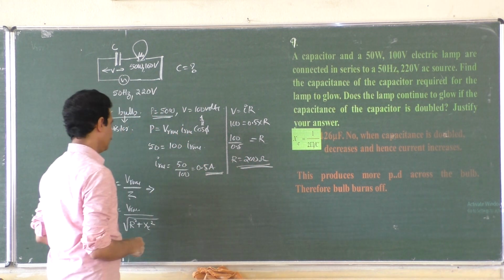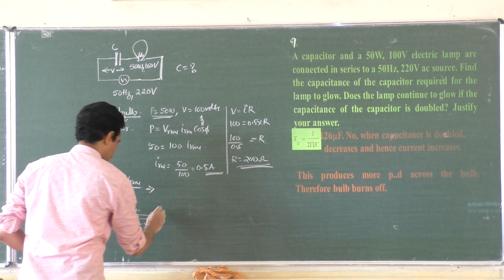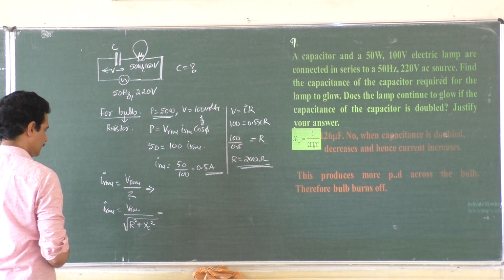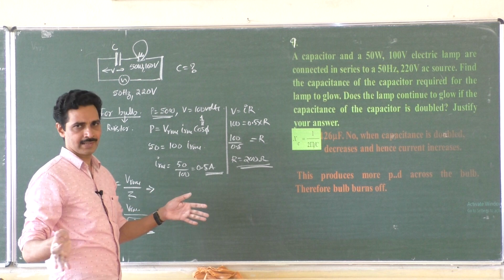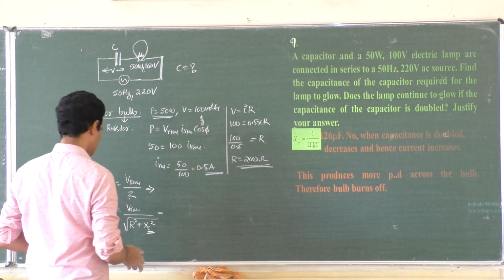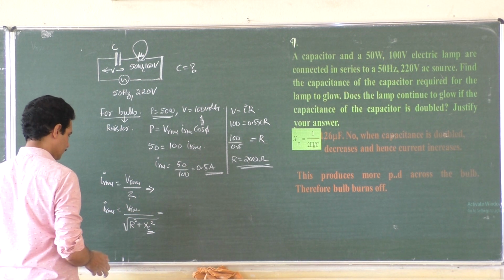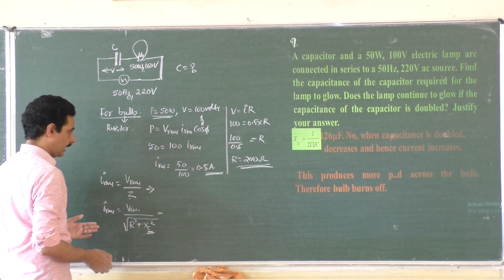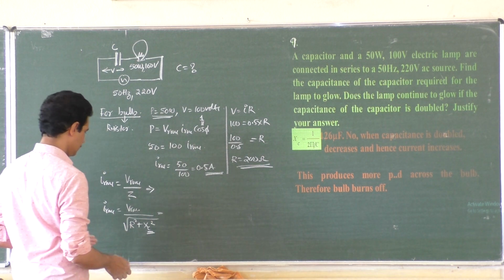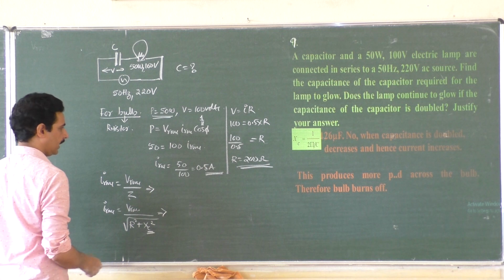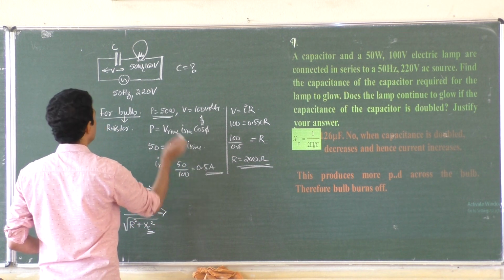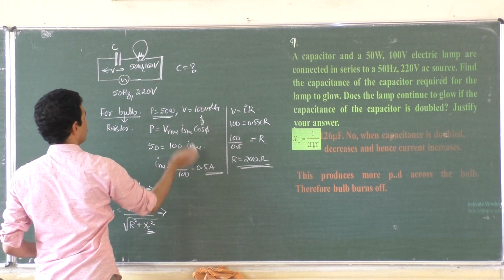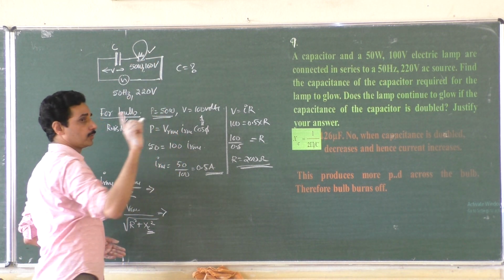This is R. Now we will find XC first, then from XC we will get C. Hope you have followed. Now it is only mathematical calculation. Irms is equal to Vrms by Z. We have got the maximum current, and that should be the circuit current, because the bulb can tolerate only up to 0.5.